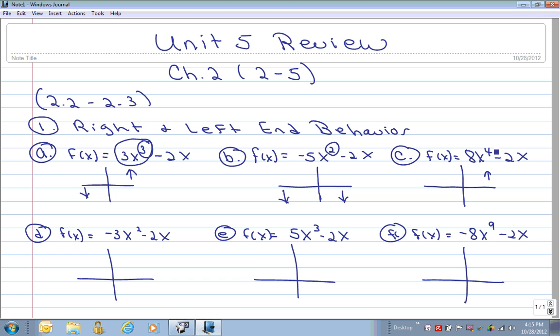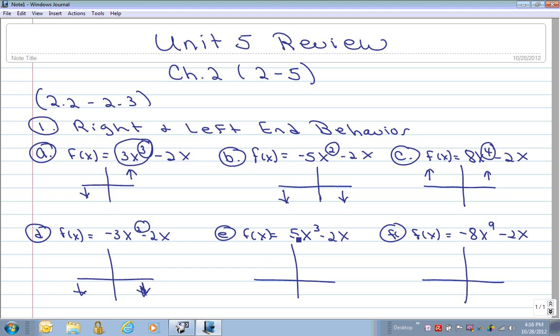We would go up, and we have an even degree, so the left will be even. We would also do the same on the left. In example D, we have a negative coefficient, so we would go downward on the right. And we have an even exponent, so we would do the same on the left.